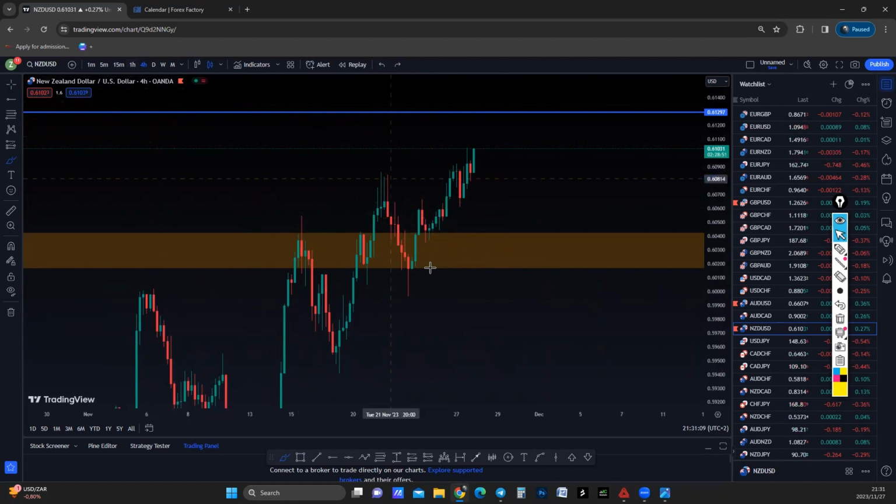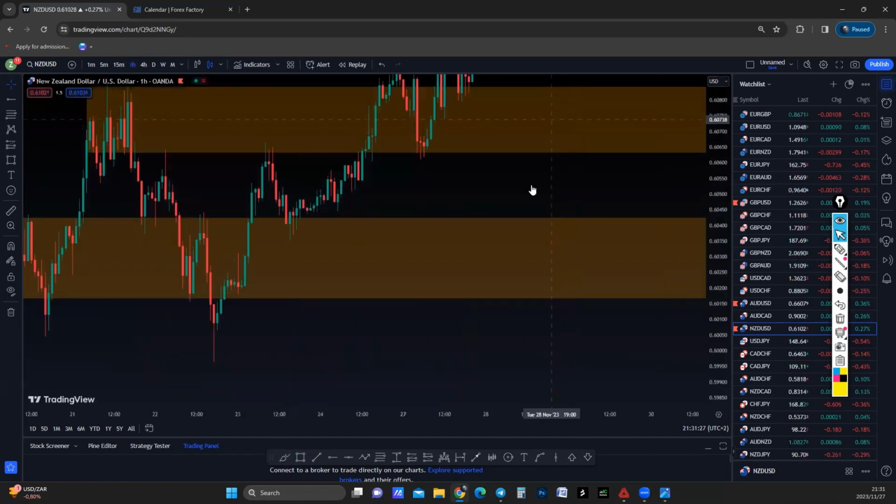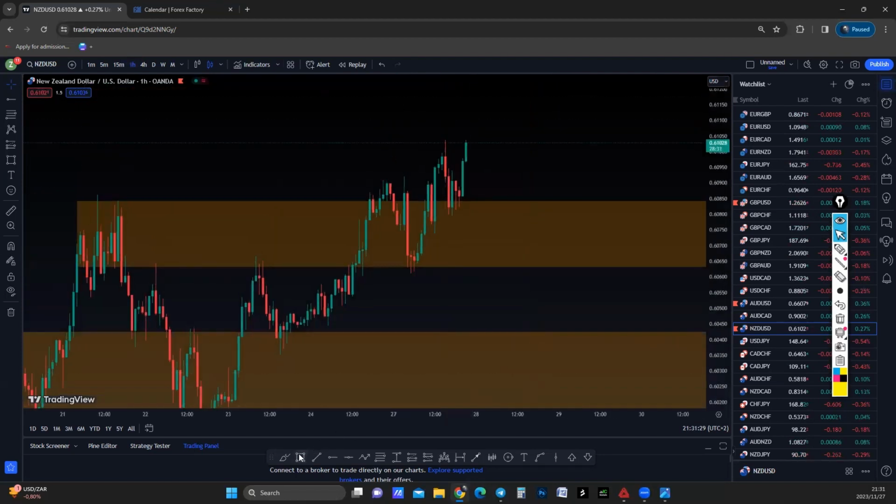Okay, so we are bullish, as you can see on the H4. We've broken this strong zone, so I'm going to mark it using this. We've broken above, which means we are strongly pushing to the upside. And then this was another extreme zone, this one here.